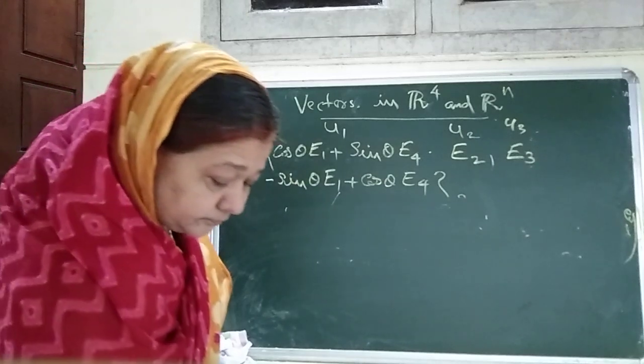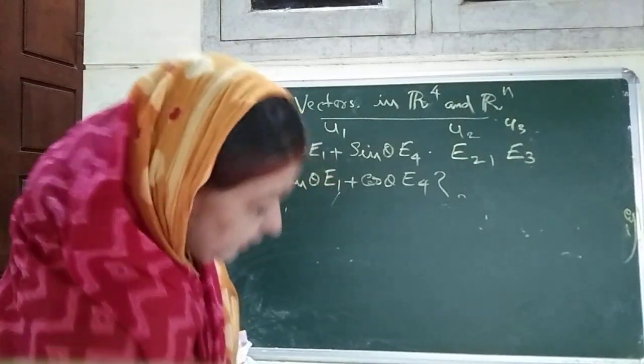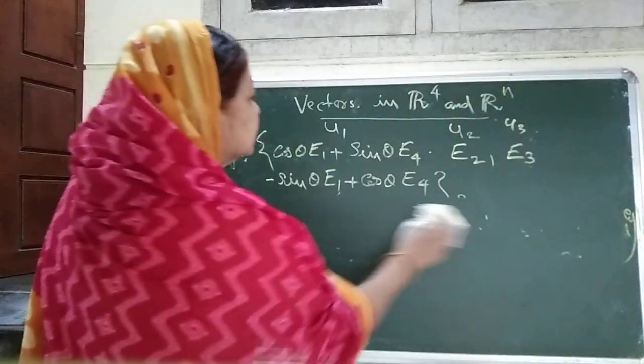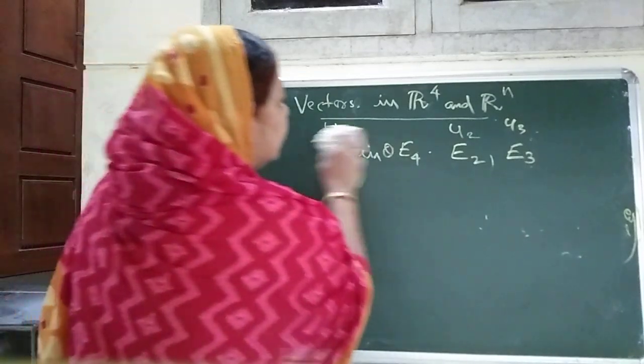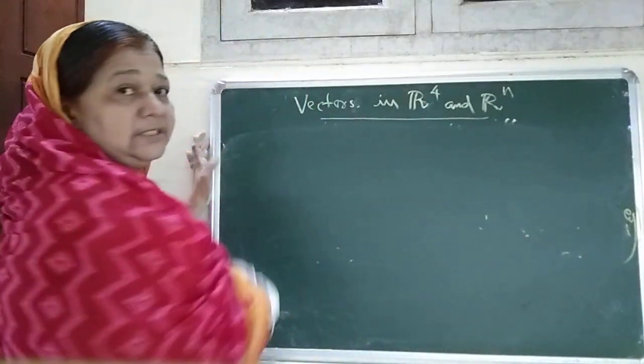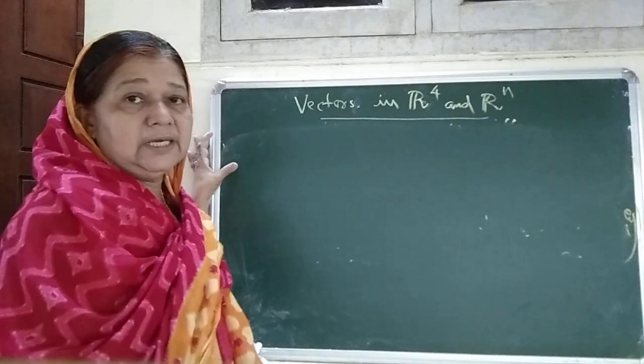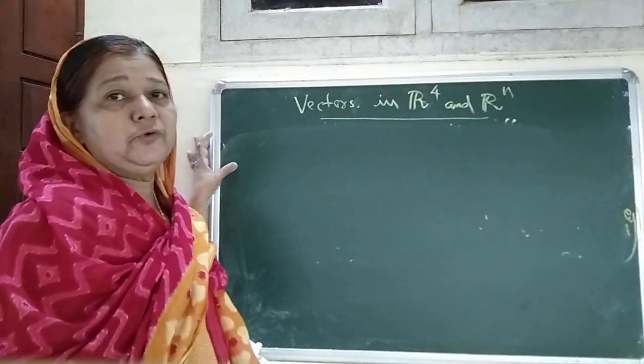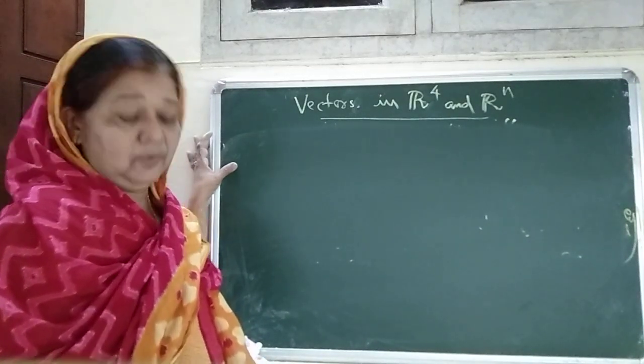Then we can find the angle between two vectors. What is the angle between the two vectors? The angle between the two vectors is given by cos theta equal to x dot u by modulus of x into modulus of u.